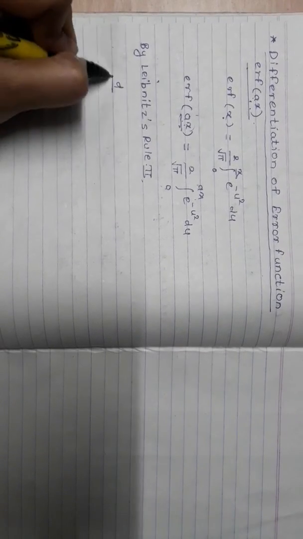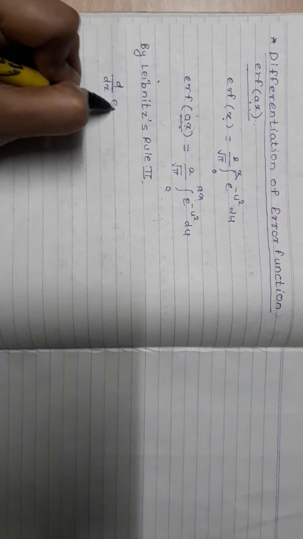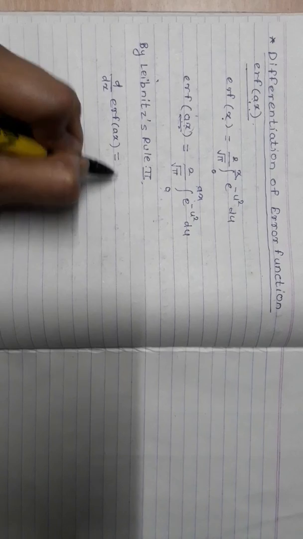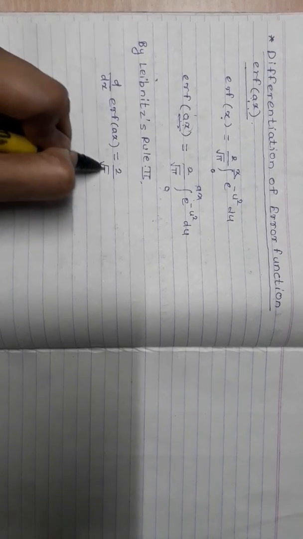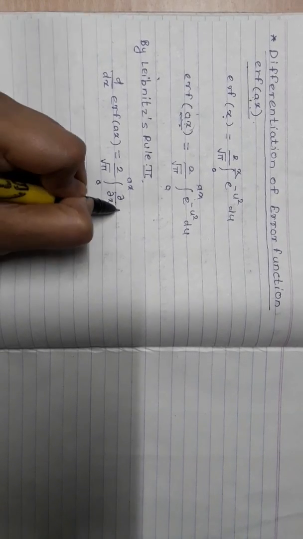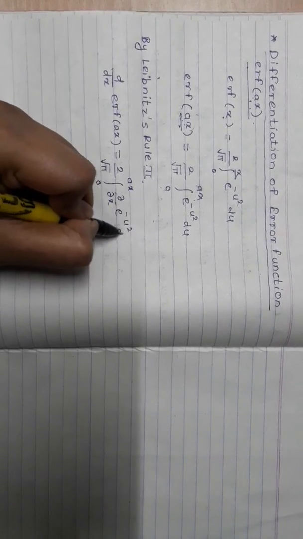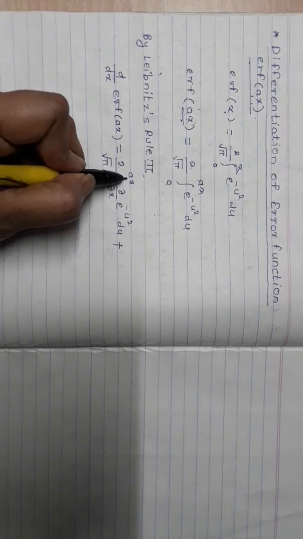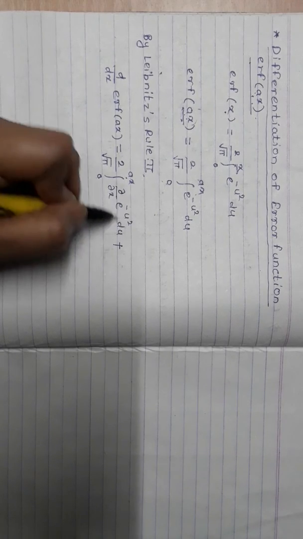say rule 2, the derivative with respect to x of the error function of ax is nothing but 2 over root pi, integral 0 to ax, derivative with respect to x of e raised to minus u square du, plus substituting the upper limit in the function.